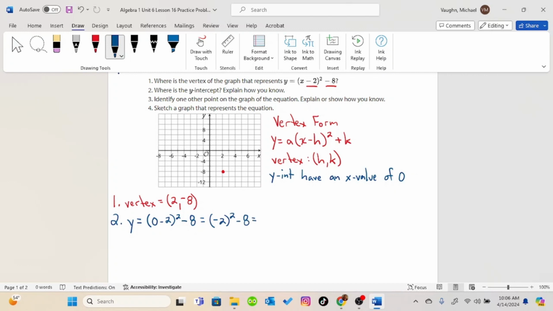Negative 2 squared is 4. And 4 minus 8 is negative 4. So the y-intercept is at the point (0, negative 4). And that point would be right here on the y-axis.